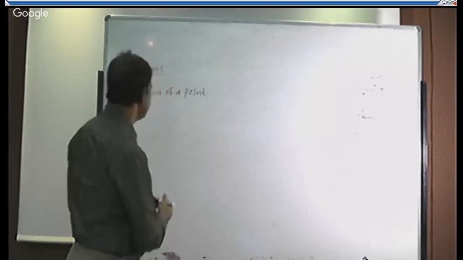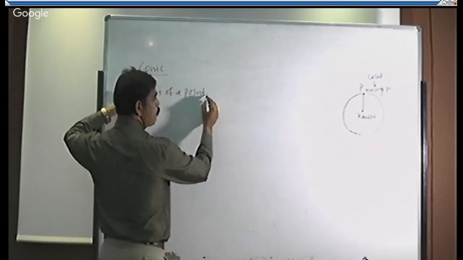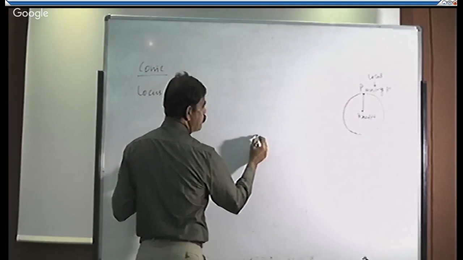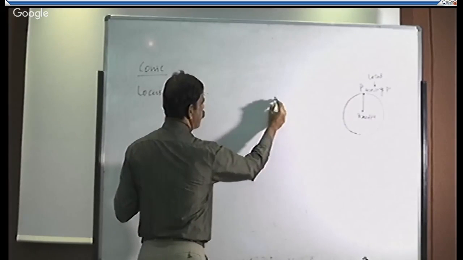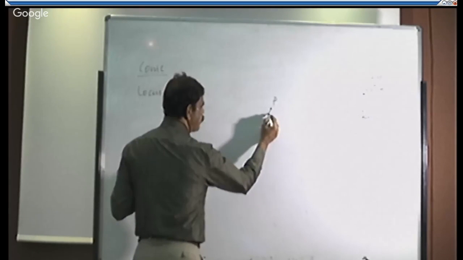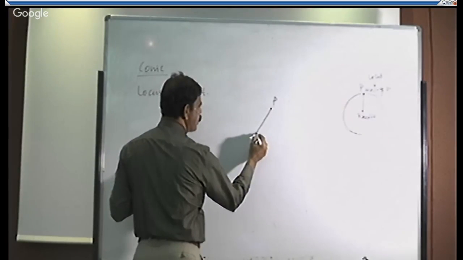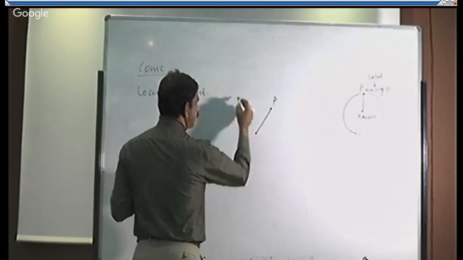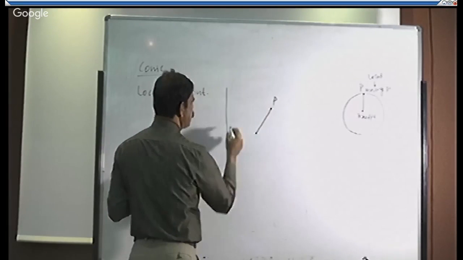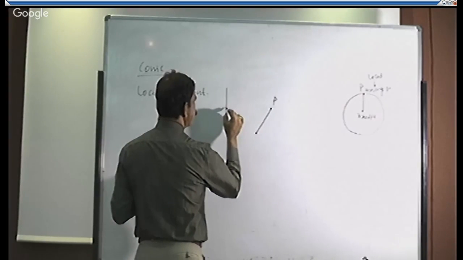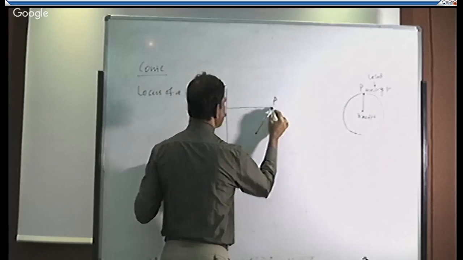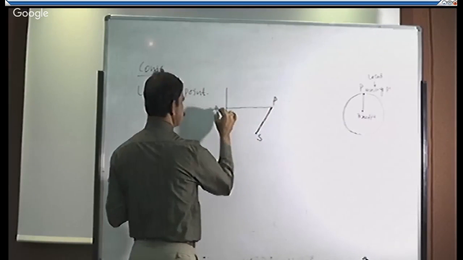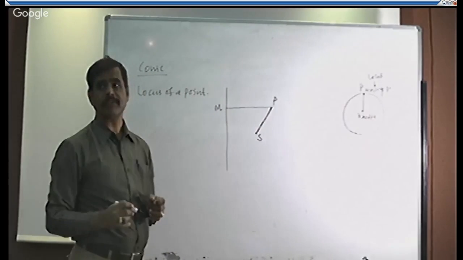So a conic is defined as the locus of a point which moves such that, taking this as P, the moving point, its distance from a fixed point in the plane and its perpendicular distance from a fixed line have a ratio that must be the same.